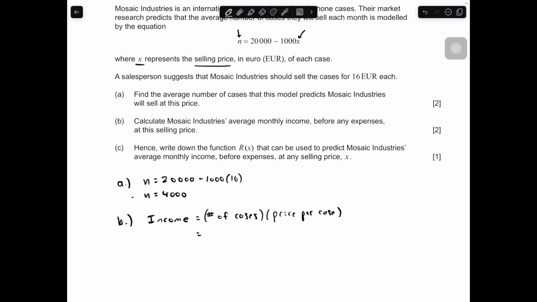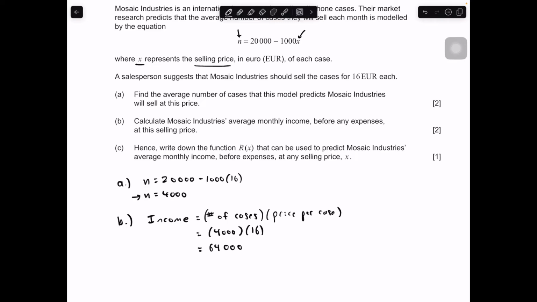We know they're going to sell 4,000 cases, at 16 euros apiece. So 4,000 times 16, the total income they earn is 64,000 euros.